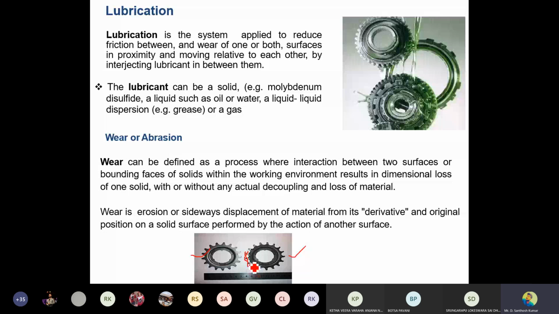Why does it happen? Because there is continuous contact between the chains and all those things. Then obviously some amount of material is lost. So all of these depend only upon the surface. So if you protect this surface, then obviously that will increase the life of the component.